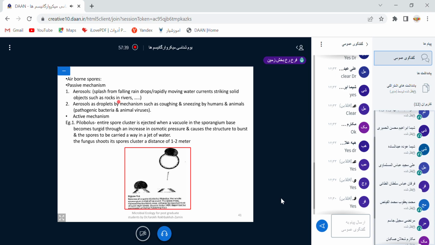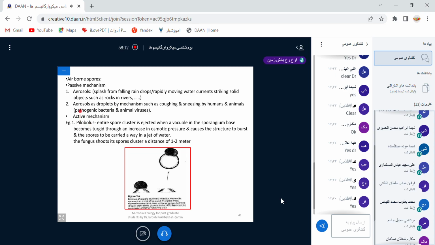Very small drops of water come into the air, and with the help of wind they go higher and higher. So these spores are going up, but without any help of the mother cell.